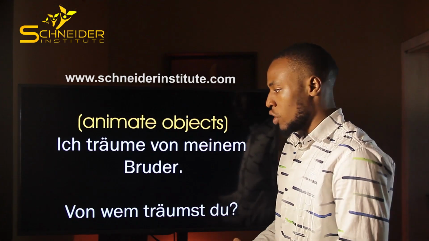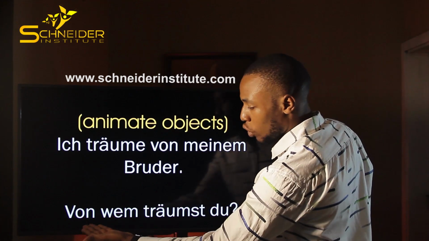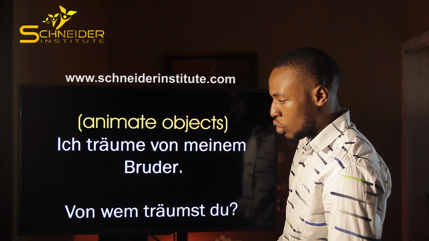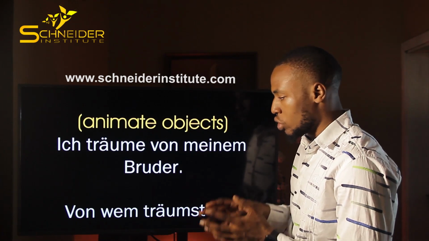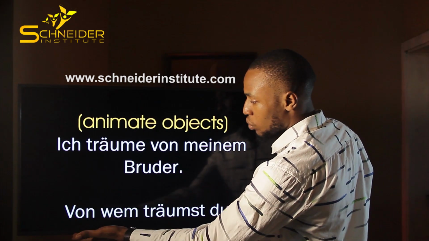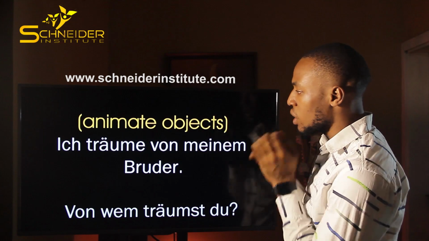Von wem. If it were to be the accusative case, it's going to be von wen. So, von wem träumst du, which means, who are you dreaming about? So here is the dative case because of the dative preposition that is fixed to the verb. All right, now I want to look at the next slide.